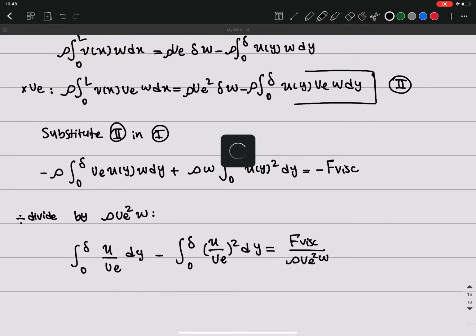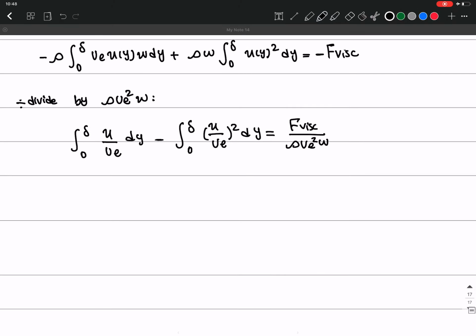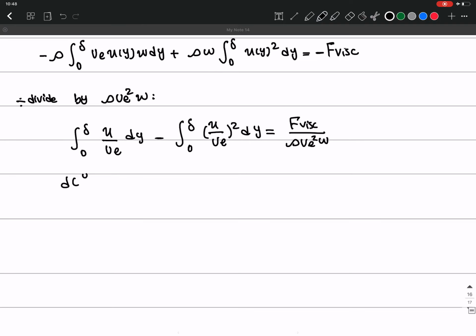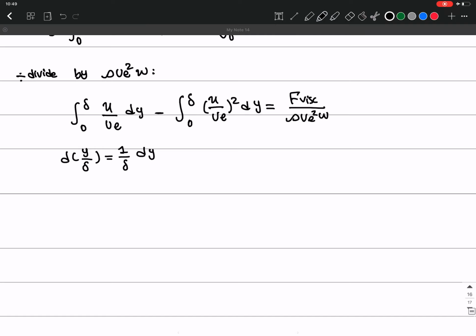Now we define a new variable dy over delta, and delta is constant, so it just equals 1 over delta of dy. So instead of dy, I just want to write it in terms of y over delta, okay, for the integrals.